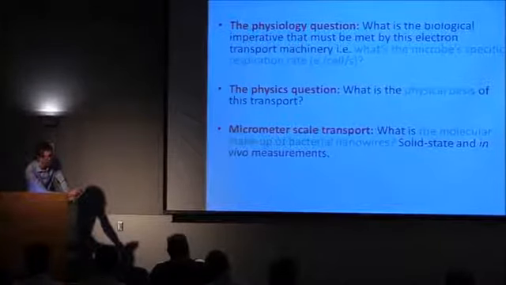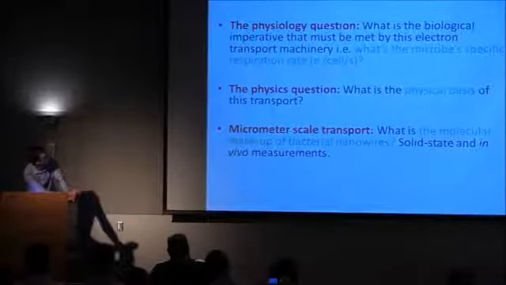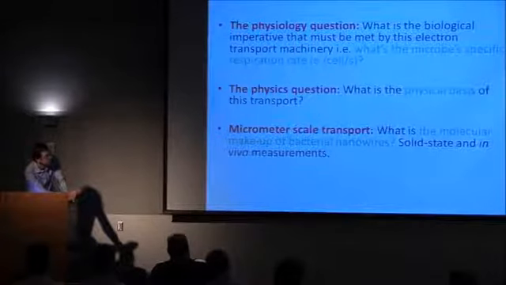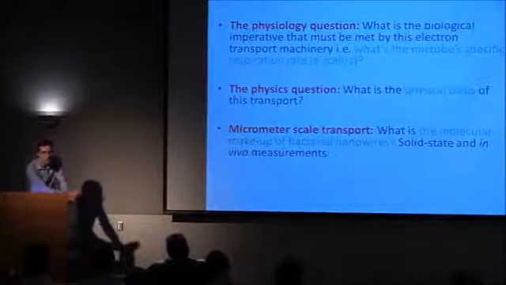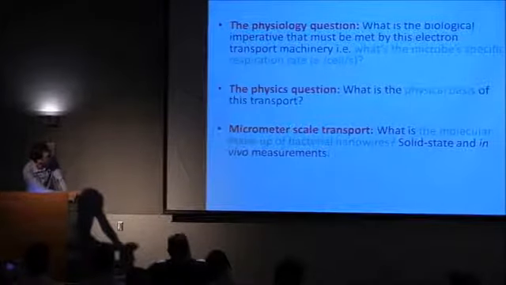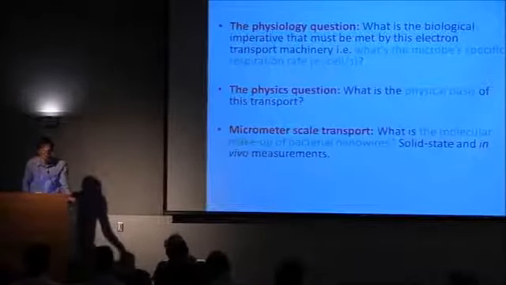What is the minimum number of electrons that has to be transferred? The second question is, what is the physical basis of extracellular electron transport in Shewanella? How do these cytochromes actually transfer these electrons within their structure? And the third question that we recently tried to answer is, what is the molecular makeup of bacterial nanowires in Shewanella?